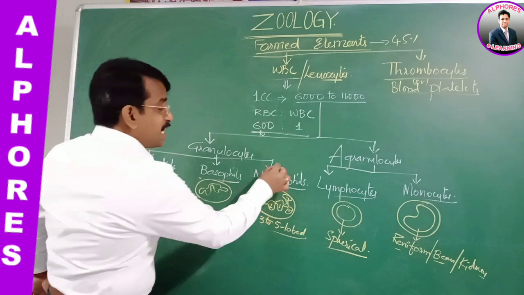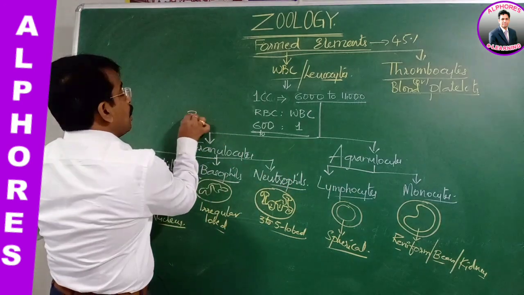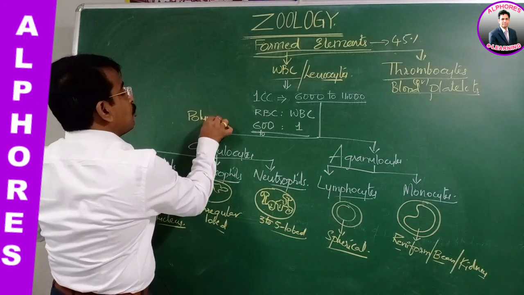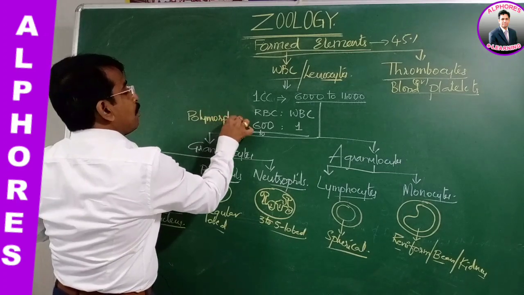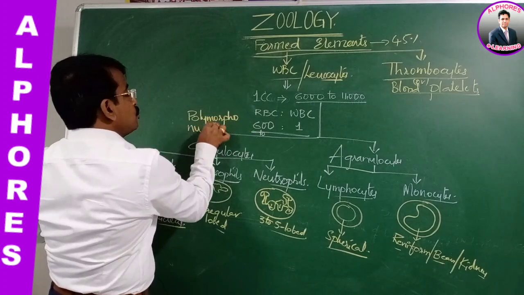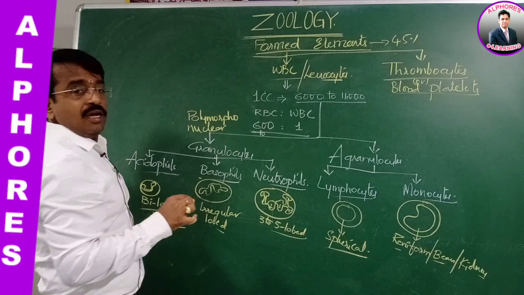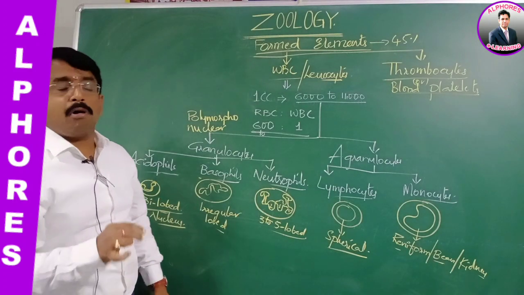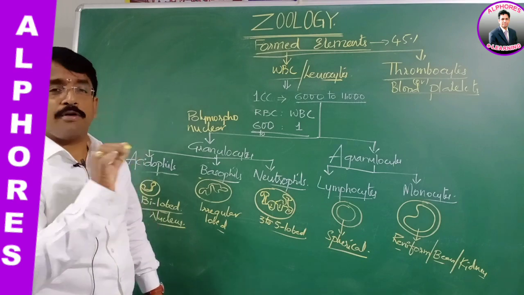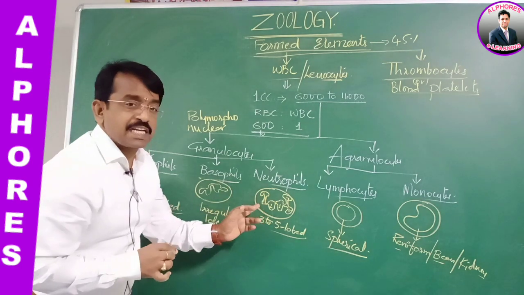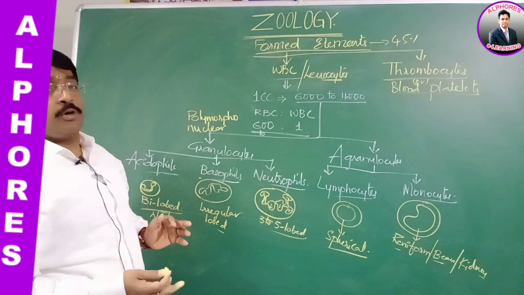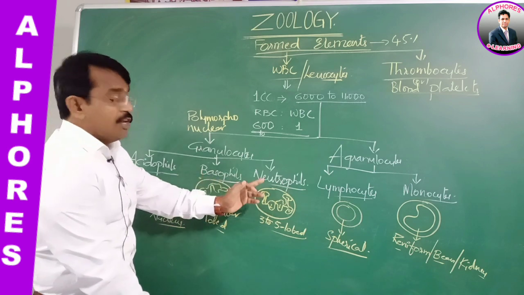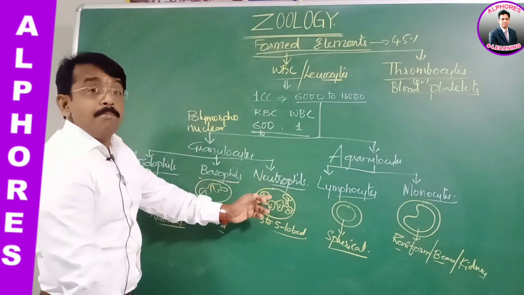Here in this connection, they are said to be the polymorphonuclear cells, PMN, polymorphonuclear neutrophils. In this connection, the neutrophils are with many forms of the nucleus.